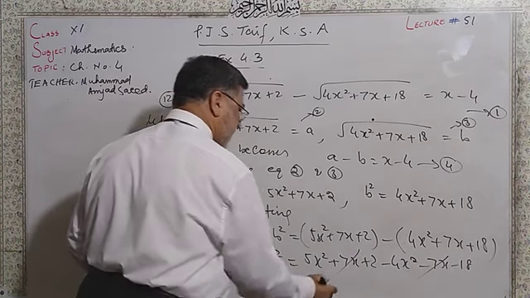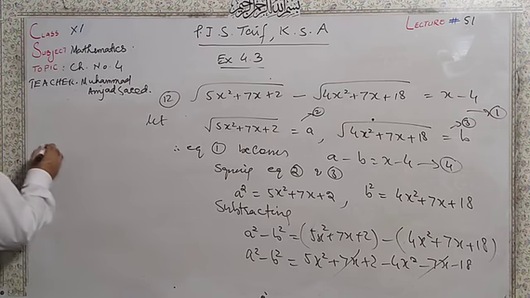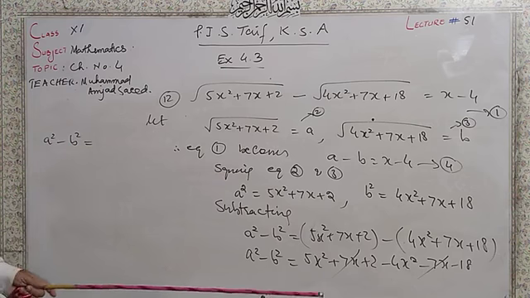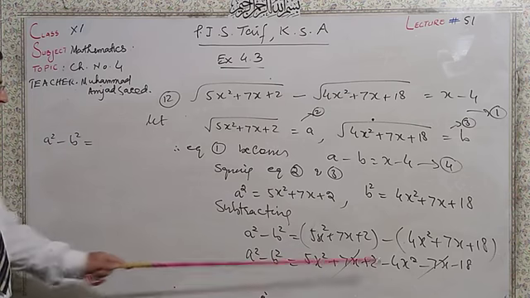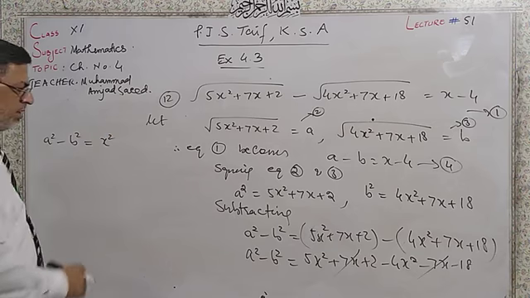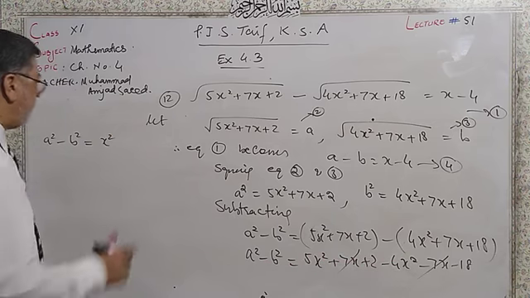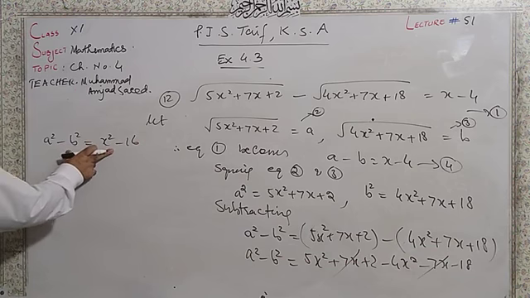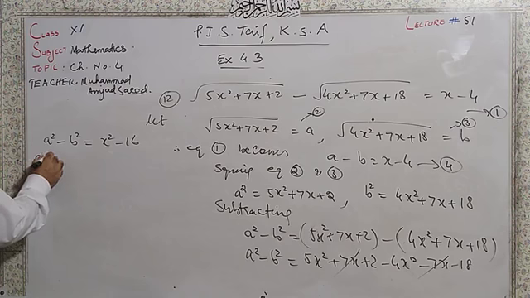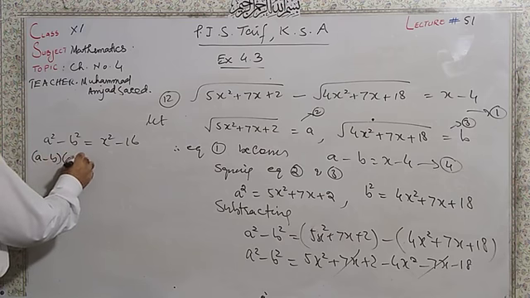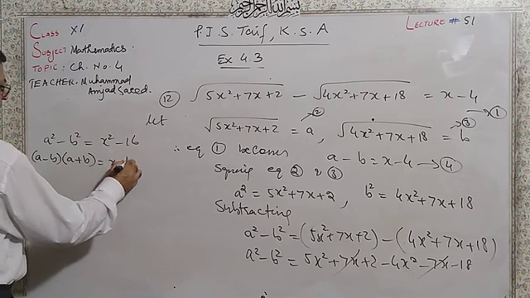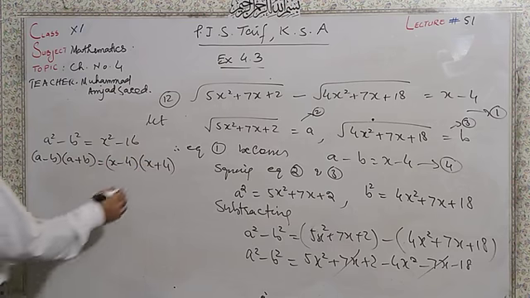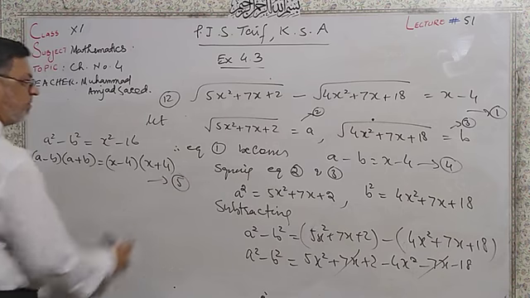7x cancelled out and we are left with a square minus b square is equal to 5x square minus 4x square, that is x square, and plus 2 minus 18 is minus 16. This equation can be written as a minus b into a plus b is equal to x minus 4 into x plus 4. That is your equation number 5.